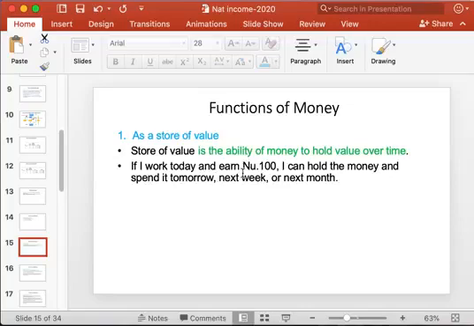So then you can see that the money is actually storing the value. The value of the money is being stored.